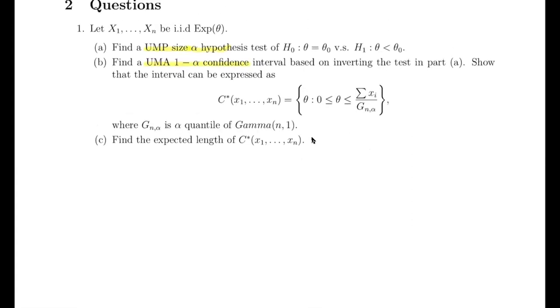And the second one, we have the pivotal quantity. In this case, when the distribution is exponential with theta, you will have two different pivotal quantities.